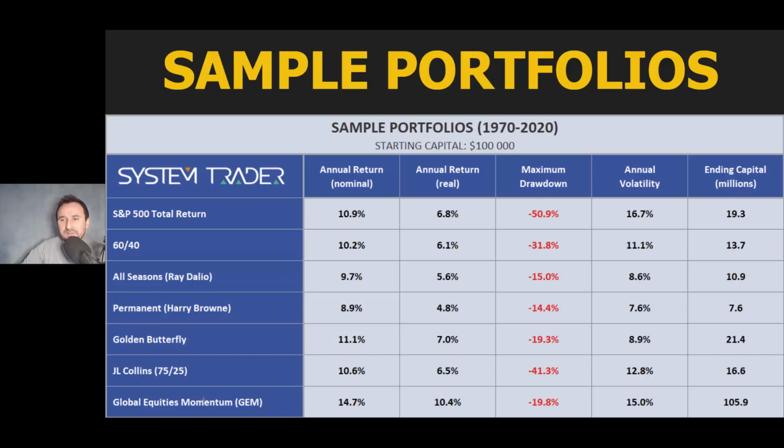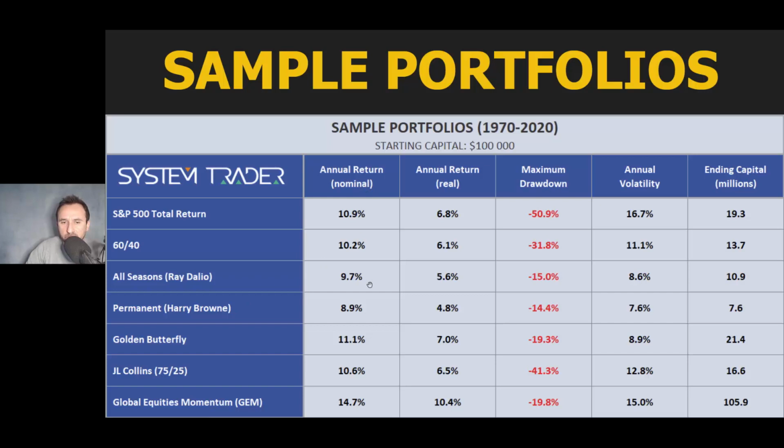And last but not least, just to give you some feeling, all these portfolios here are purely passive, but now I'm showing you global equities momentum, the portfolio with the strategy which was invented and introduced by Gary Antonacci. I had the pleasure to have him on my podcast twice, and as you can see, the difference is absolutely huge.